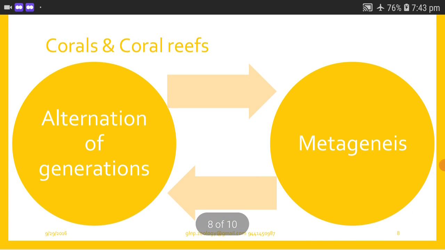And certain coelenterates secrete calcium carbonate exoskeletal structures, and these are called corals, coral reefs. The Great Barrier Reef of Australia is the biggest coral reef in the world.